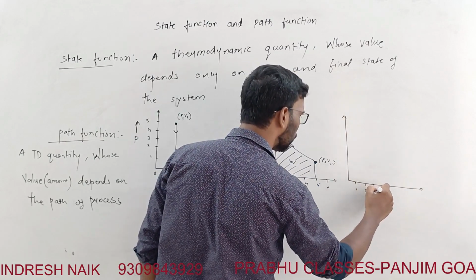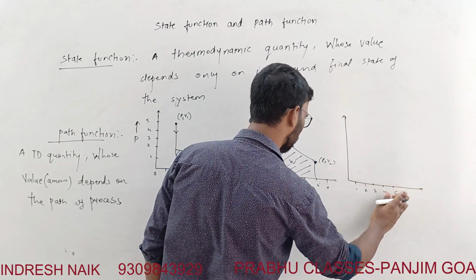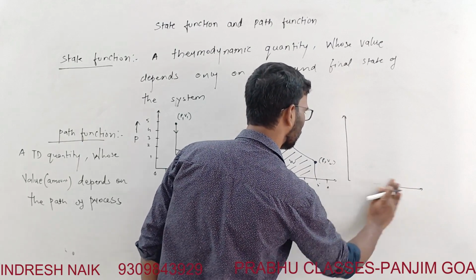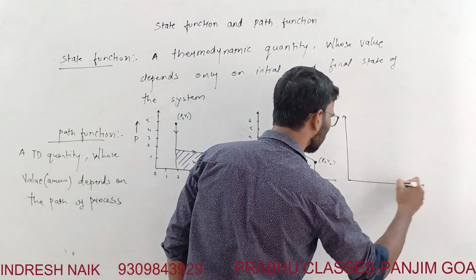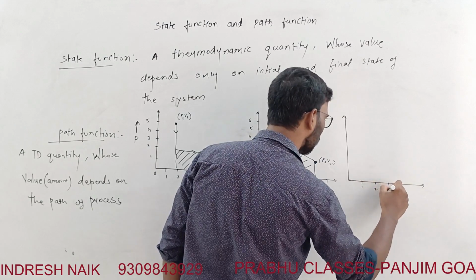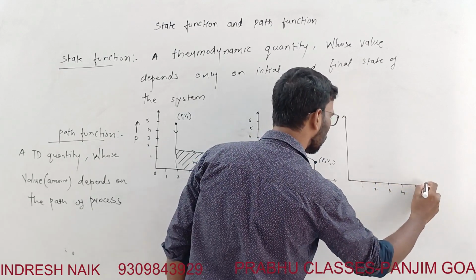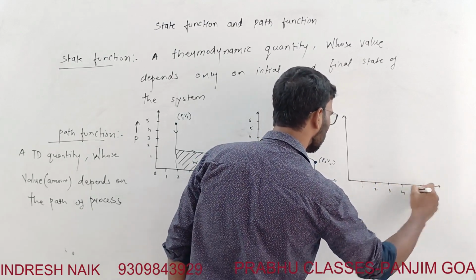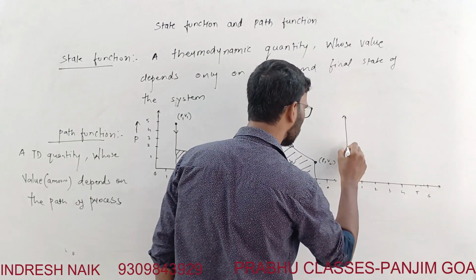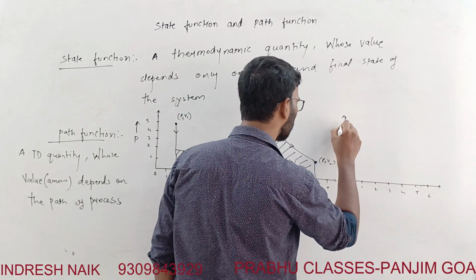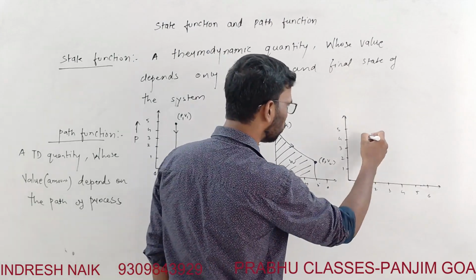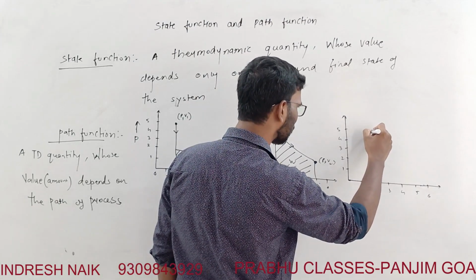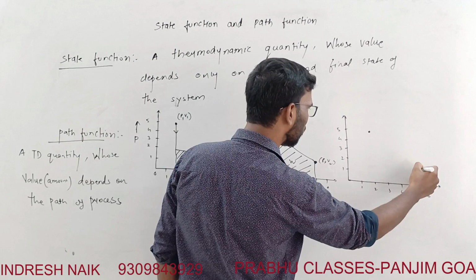or I can show several more examples like this. 1, 2, 3, 4. Okay, so I'm doing it this way. This is the initial point, this is the final point.